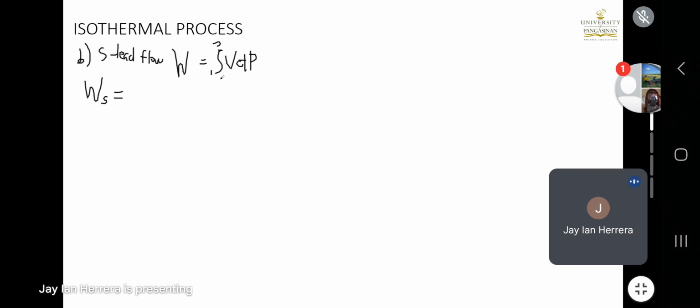So this is technically V into P2 minus P1. Or since sa isothermal tayo, meron palang special case.